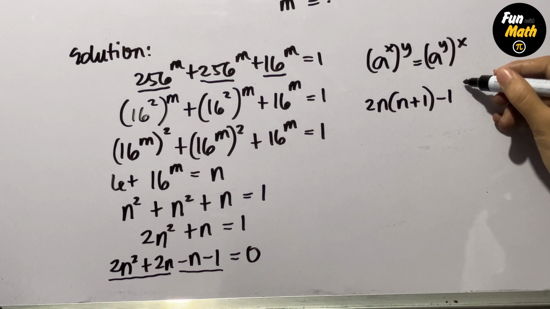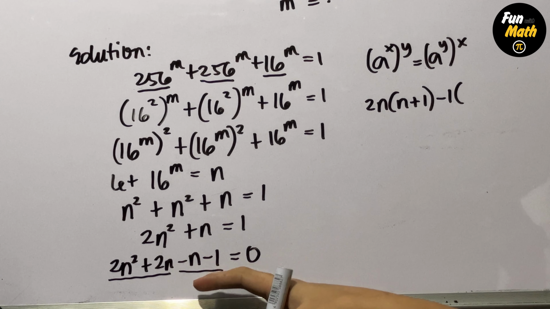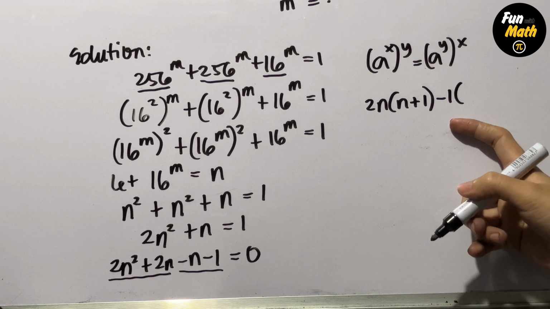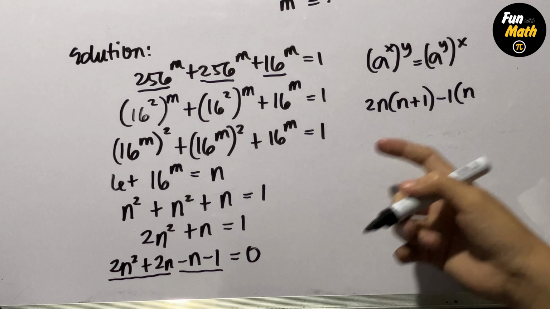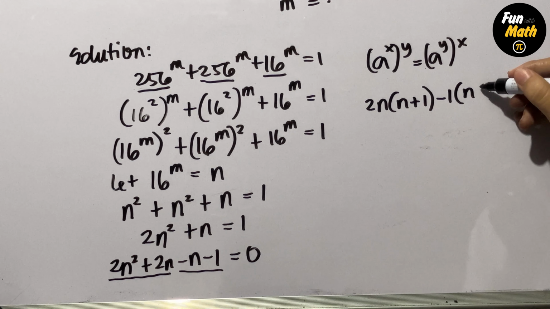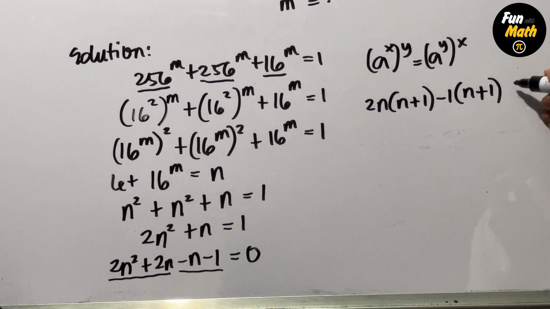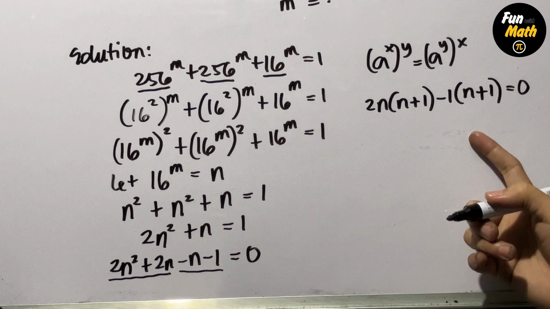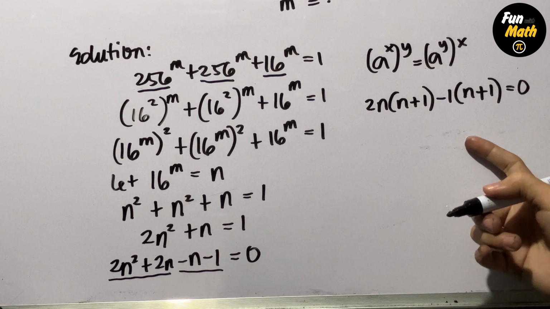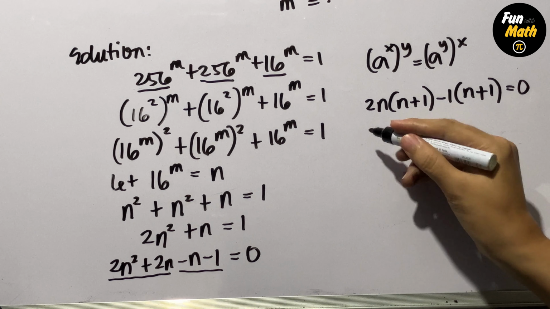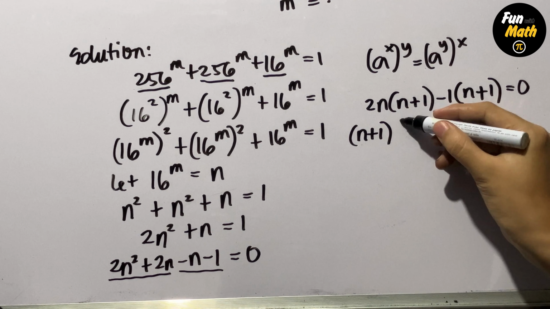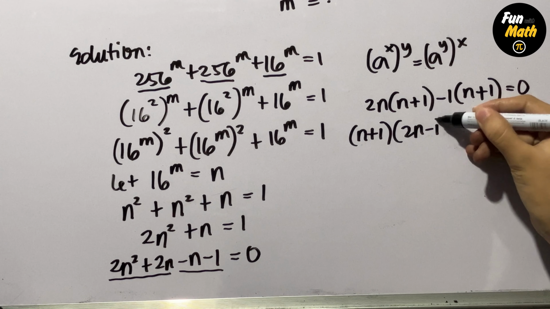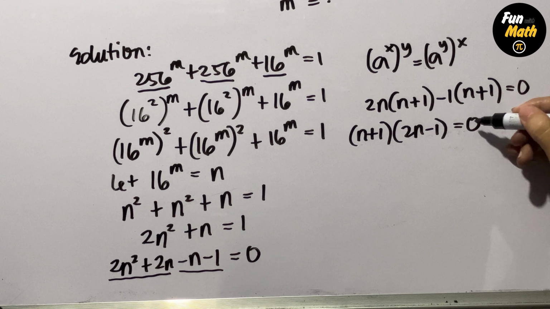So minus 1 times negative n divided by negative 1, that is n, and then negative 1 divided by negative 1, that is positive 1, equals 0. Now, as you can see, we have a common factor, which is n plus 1. So we take that out: n plus 1 times the remaining 2n minus 1 equals 0.